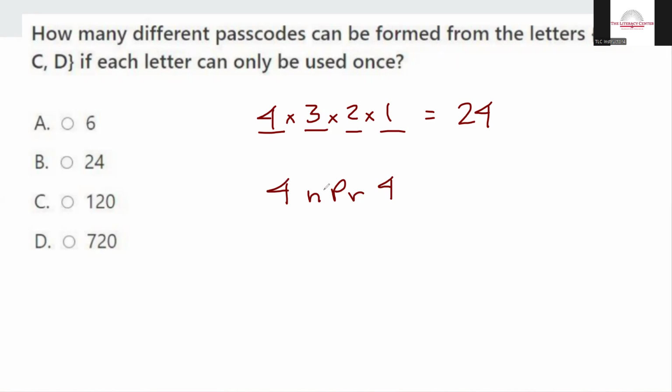So for nPr, 4 nPr 4 also gives us 24. So just a reminder that there are 2 ways to arrive at the answer to a permutation problem. We can do this countdown and multiply approach, or we can use our PRB key.